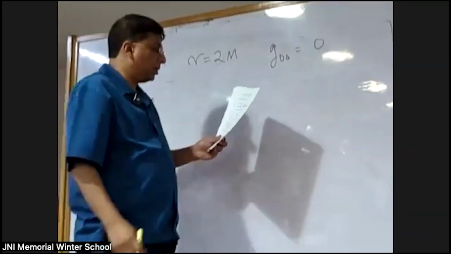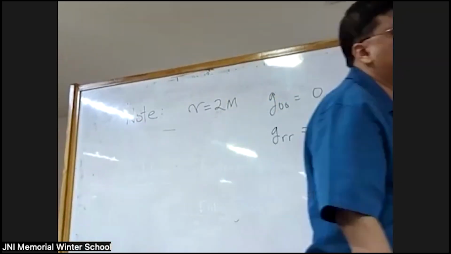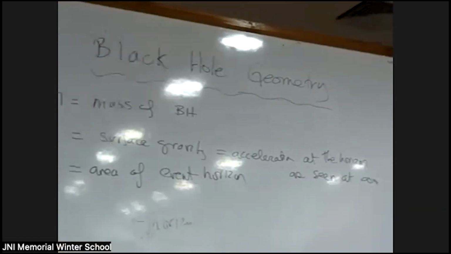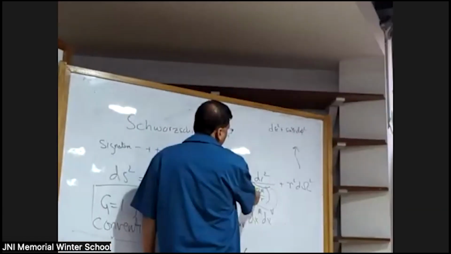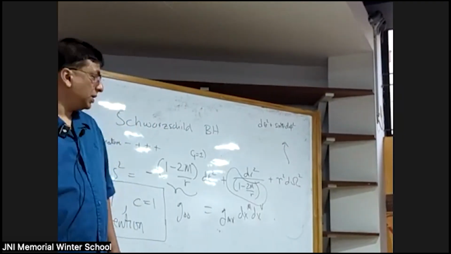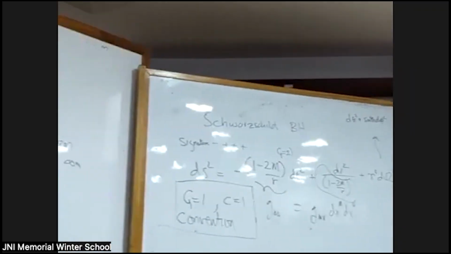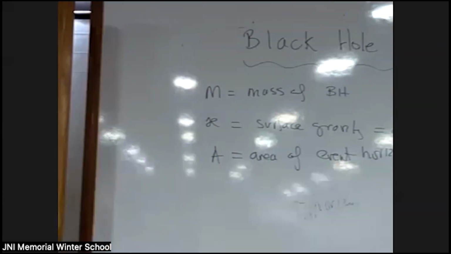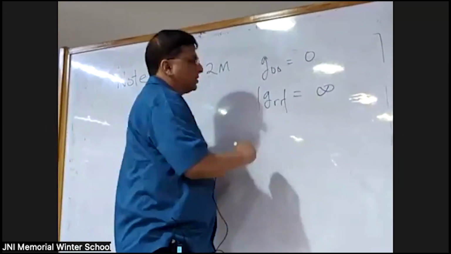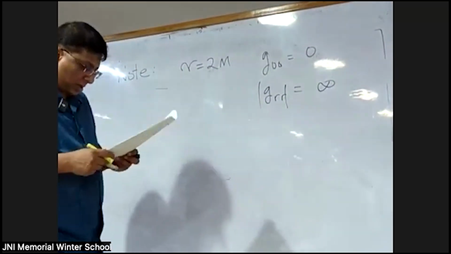Also g_rr, which is this term, is 1 minus 2m over r, which is 0, but you're dividing by 0. So in physicist language, g_rr is infinite, or at least the absolute value of it is infinite.